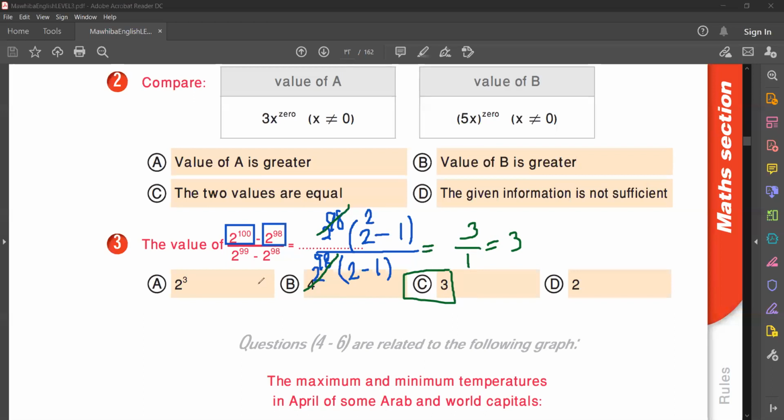If you see problems like this, you take a common factor. You must remember what I said to you: you take a common factor, then you simplify the common factors that are the same, then you find the result. Right? Good.